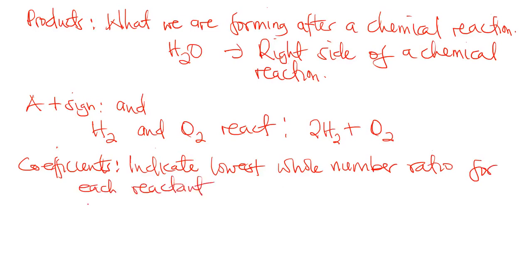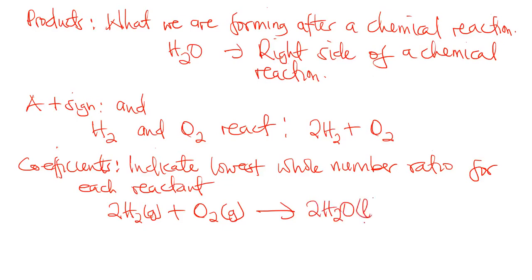So in our equation above, we said 2H2 gas plus O2 gas to give us 2H2O liquid. These are coefficients. Here there is a coefficient of 1, but we don't show 1. So these numbers indicate the whole number ratio of each reactant.